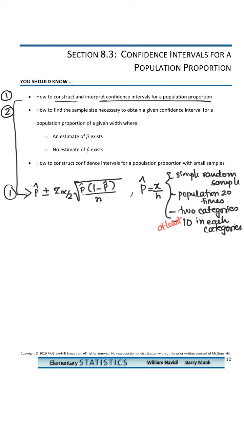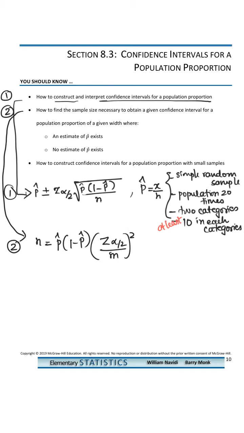The second one is, we learn how to find the sample size when p cap exists or p cap does not exist. So n is p cap times 1 minus p cap, and so on.